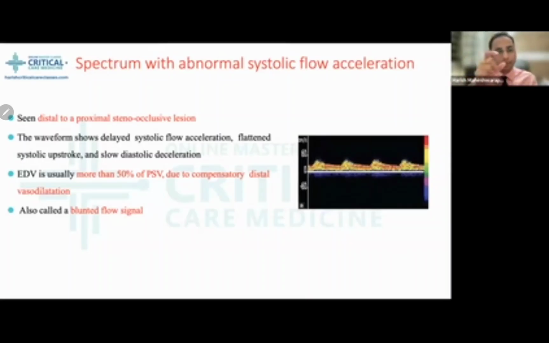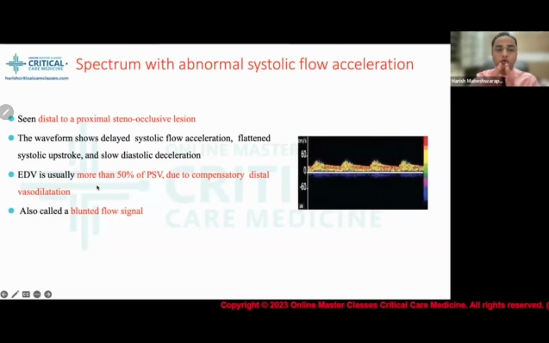So distal to the proximal steno-occlusive lesion, the waveform appearance is what we call abnormal systolic flow acceleration. The waveform shows delayed systolic flow acceleration, a flattened systolic upstroke, and a slow diastolic deceleration. It is not a rapid diastolic deceleration.